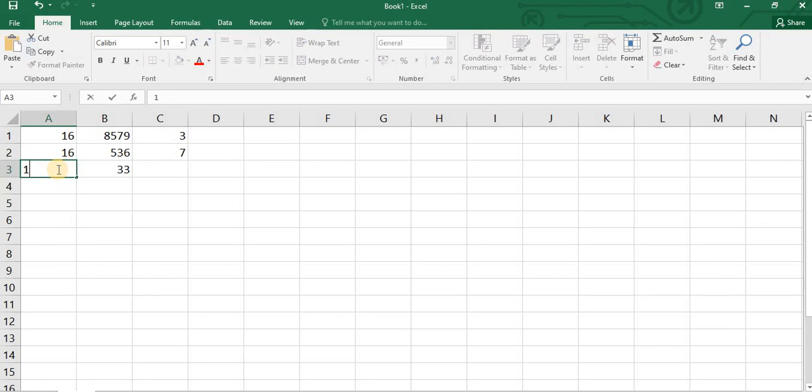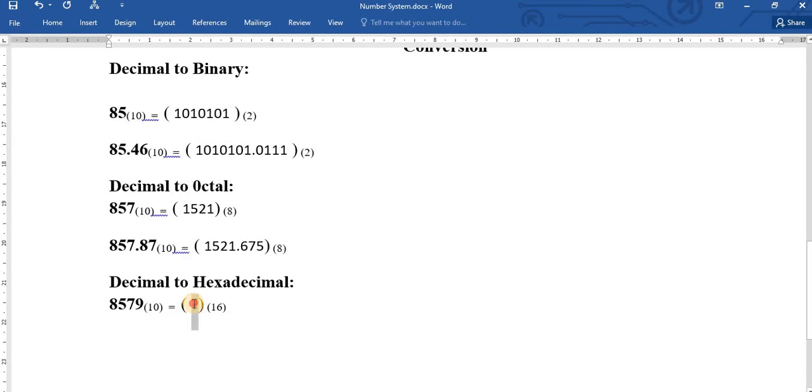Now again, 16 twos are 32, and the remainder will be 1. So now 2173 will be your hexadecimal number.